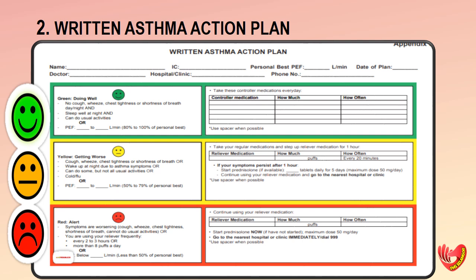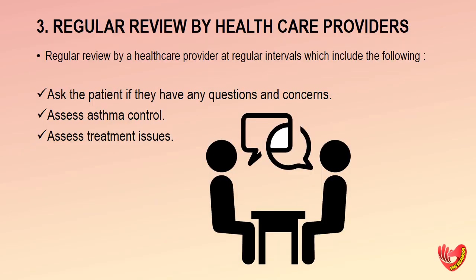While waiting for the ambulance and using their spacer, take one puff at a time of reliever, breathing at a normal rate for 4 to 5 breaths every 30 seconds. Using a spacer, they can take up to 10 puffs in 10 minutes. Repeat this till the ambulance arrives.